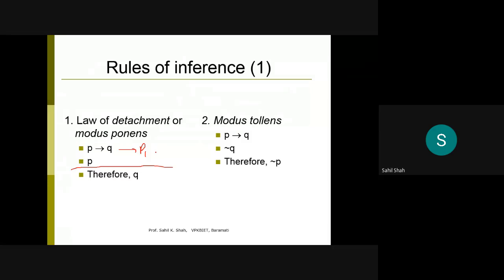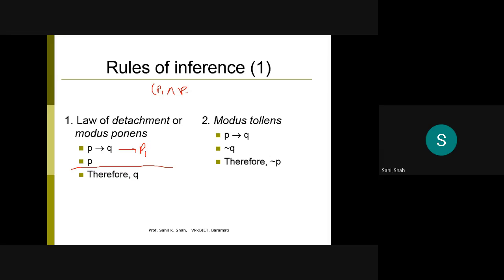Sometimes the given example may not fit any of the existing laws. Then what to do? I have already discussed this. If it is not matching any of the laws, you have to take the conjunction of all premises, premises in the form of conditional or anything as mentioned in your example.